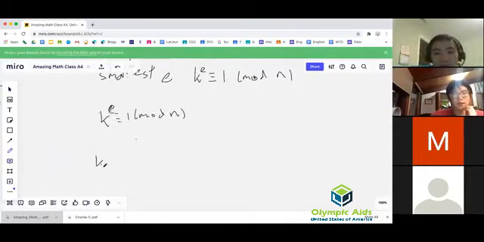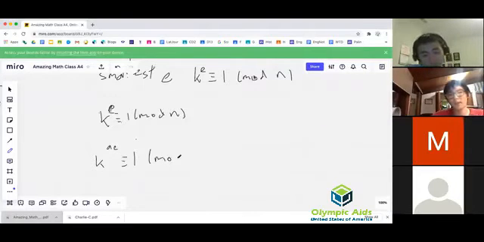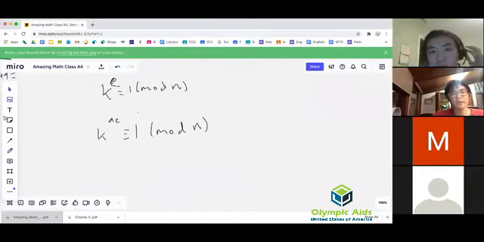Because k to the ae is also going to be 1 mod n, since k to the e to the a is also 1, right? So if you want k to the b, you can just take b minus ae, right? So you can basically just take b mod e and make it work.